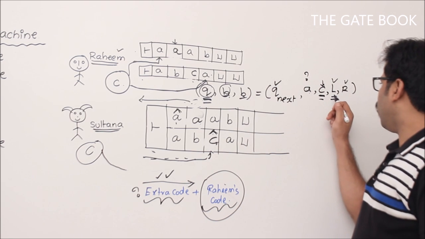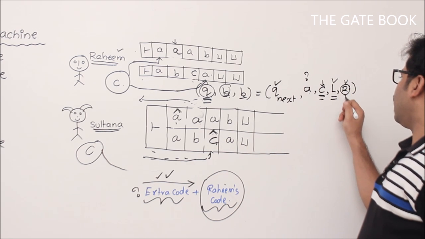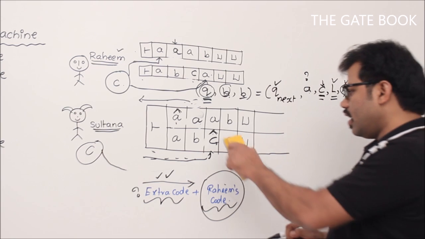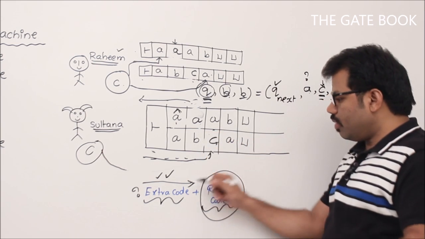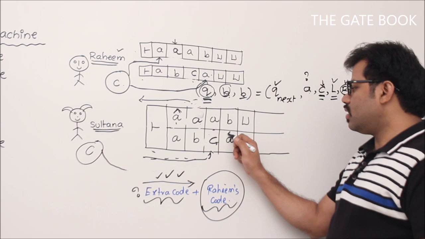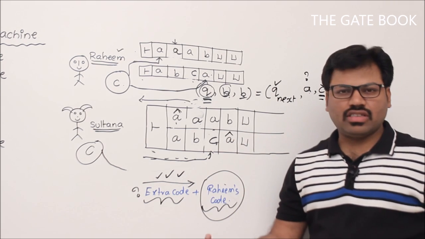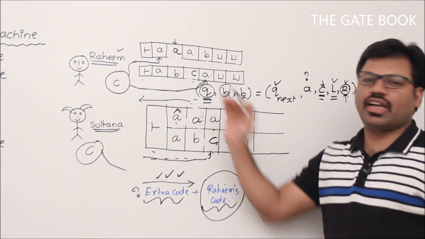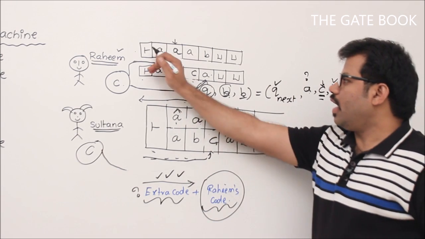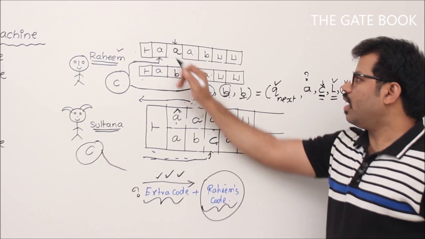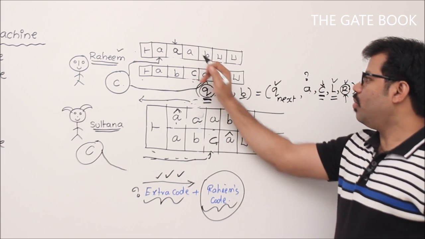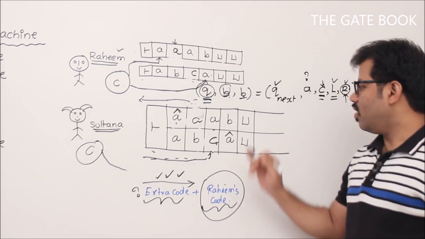Now after that, the second step he has moved to the right, right? Then immediately what she will do, because of her extra code, is this symbol will be modified to A cap. That means with some 20-30 steps, we can simulate exactly what Rahim is doing. Now you see, A, B, A, C, B, A, blank.